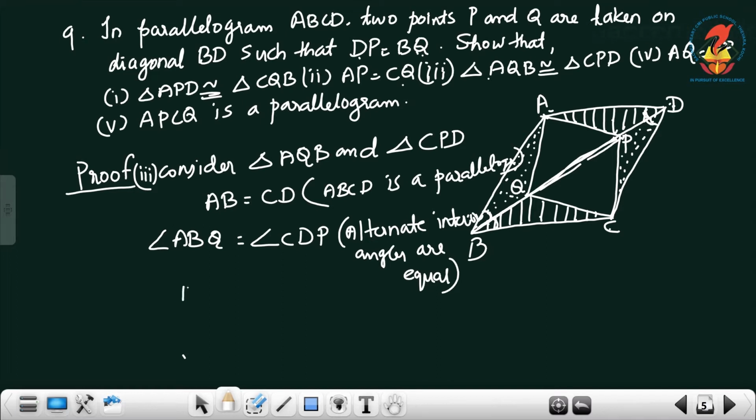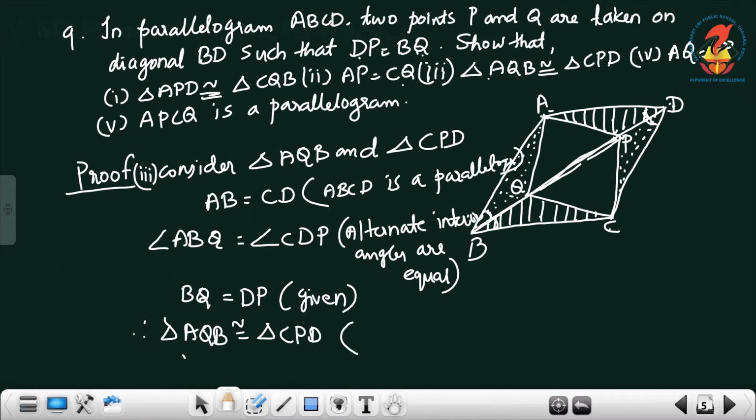Next one, BQ equal to DP, already given in the question. Therefore, triangle AQB congruent to triangle CPD. Reason?